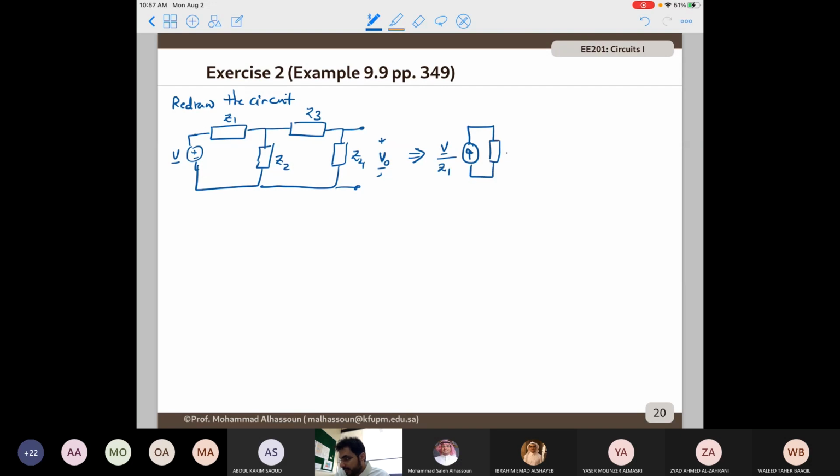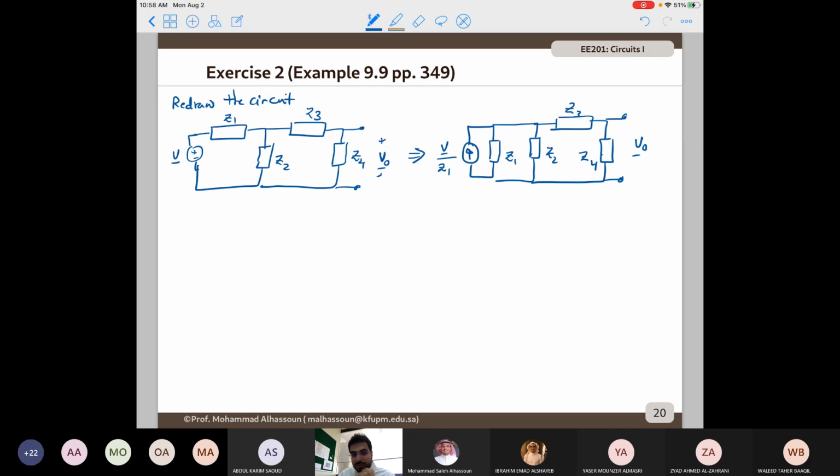So you'll have Z1 in parallel with Z2. Okay, so now you combine Z1 with Z2, the overall combination of Z1 and Z2.